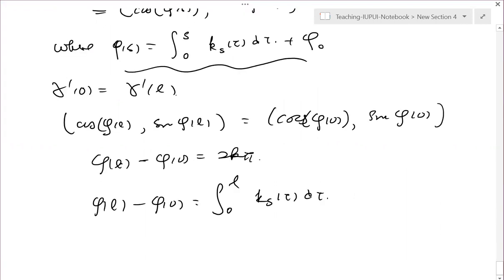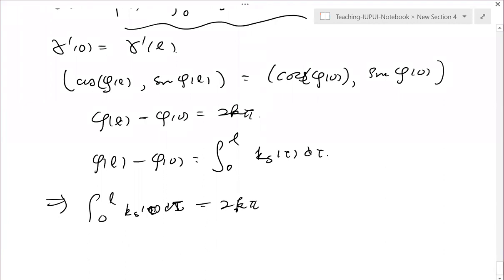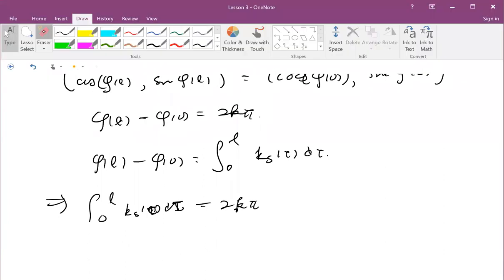Therefore, we get the following. This implies, let me rewrite it clear.